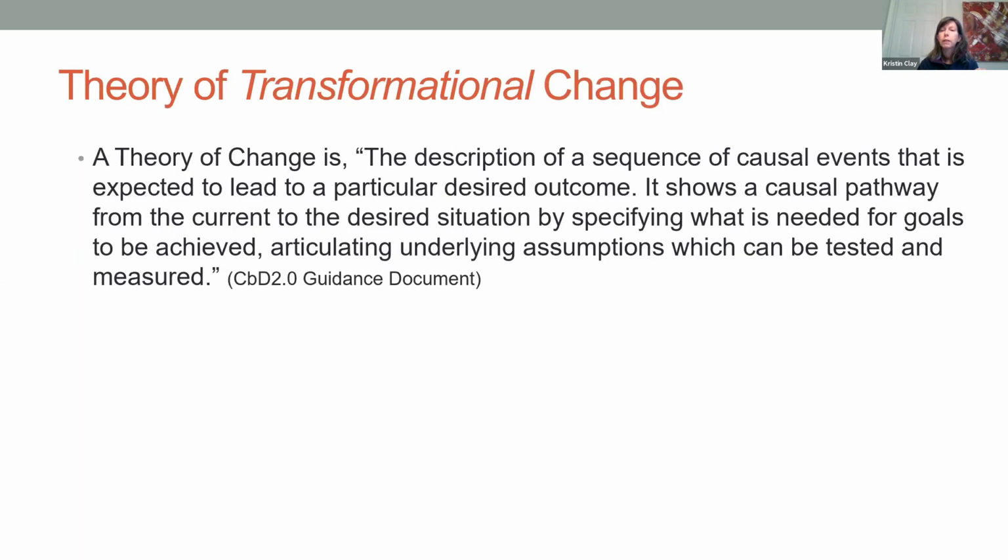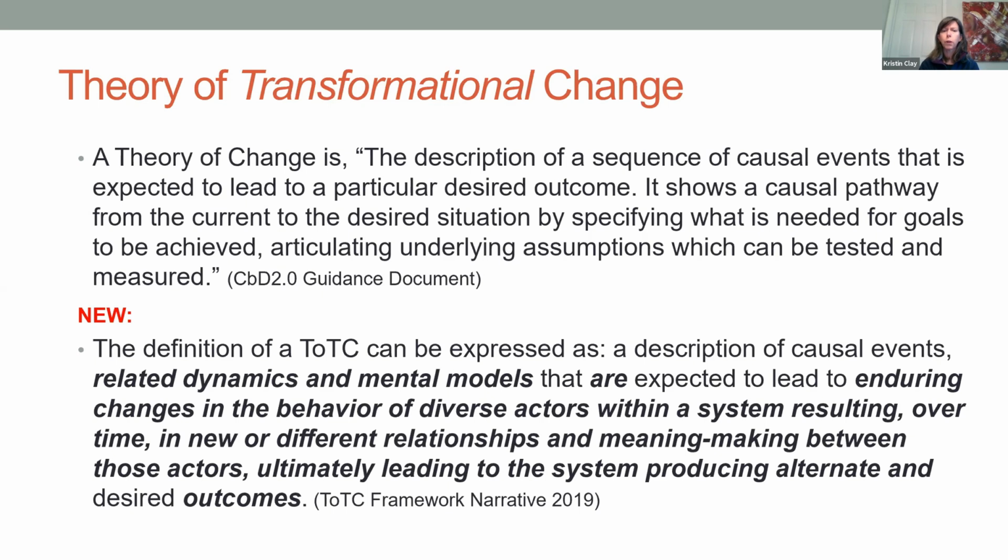One of the things that's new is this, and I won't read it, the CBD 2.0 definition of a theory of change. In the first narrative document, we didn't have a definition to distinguish what's a theory of transformational change. So one thing that's new in the document is that we actually articulate that you can have a theory of change, but if you really want it to be transformational, then you're looking at dynamics in the system, a very concerted look at mental models and beliefs and values and so forth.